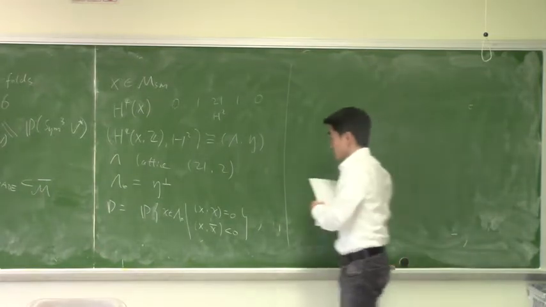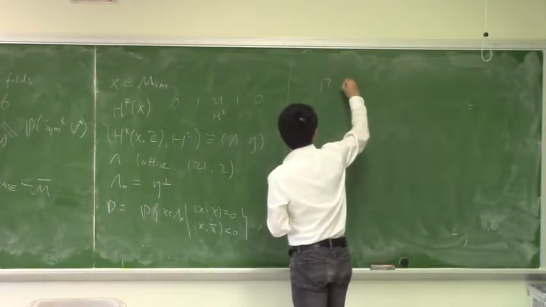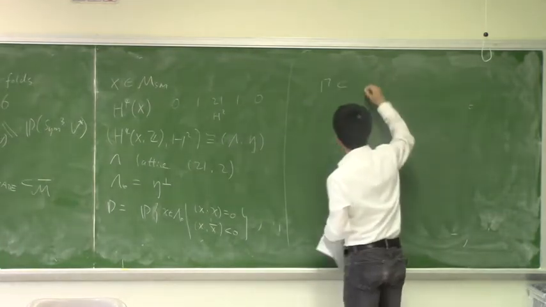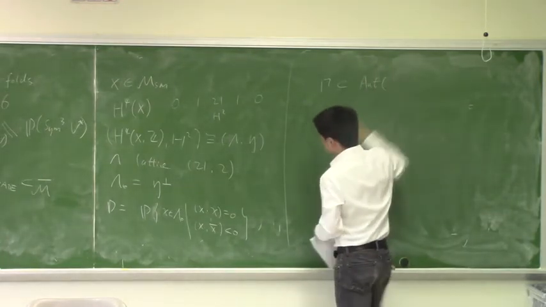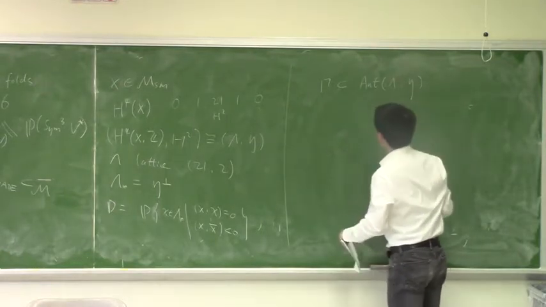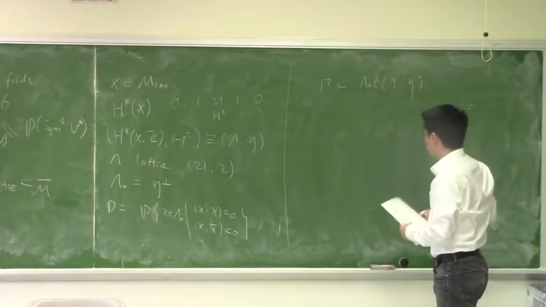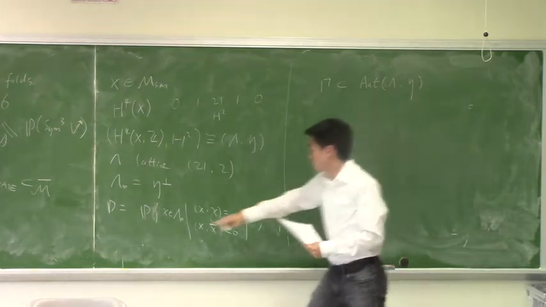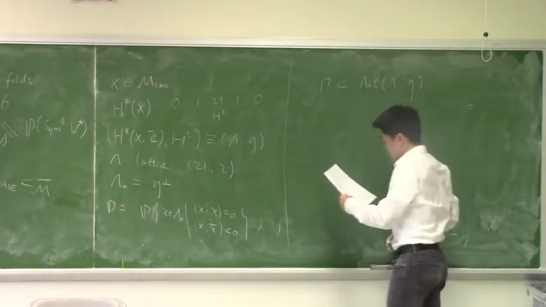So we can also take Gamma to be an index 2 subgroup of automorphisms of this abstract data. So it's an index 2 subgroup which fixes this D component.